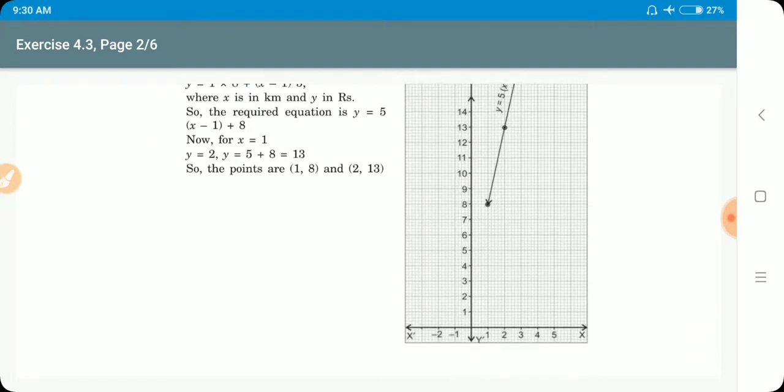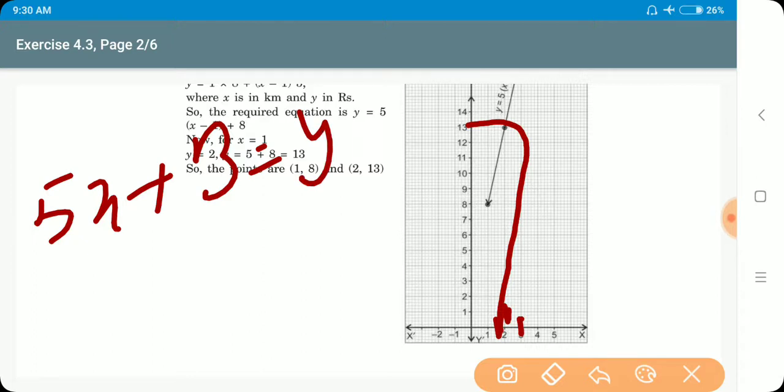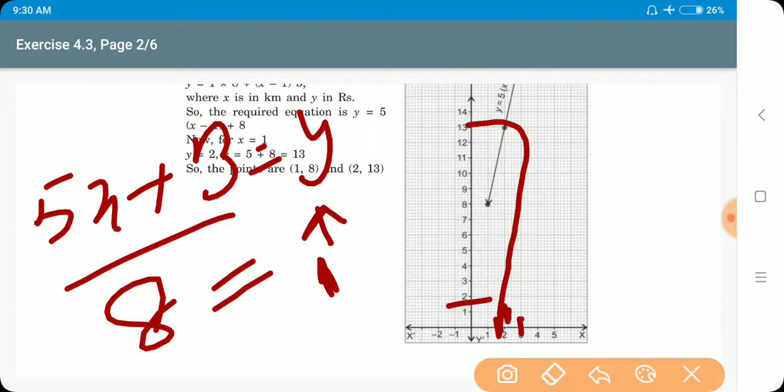And if we take x is equal to 2, because I have already told you the equation, y will definitely be 13, because 5x plus 3 was y. Then we plot the points.